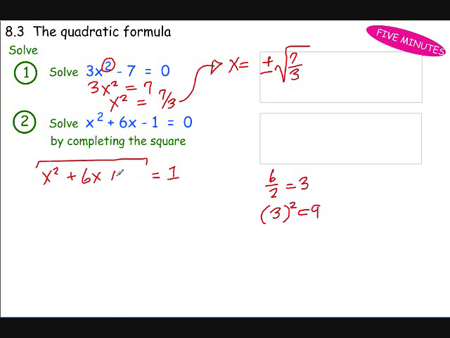So we're going to add 9, and as soon as I add this 9, I've thrown my equation out of balance. To get it back in balance, I have to add it to the other side as well. Now I'm back in good shape again.